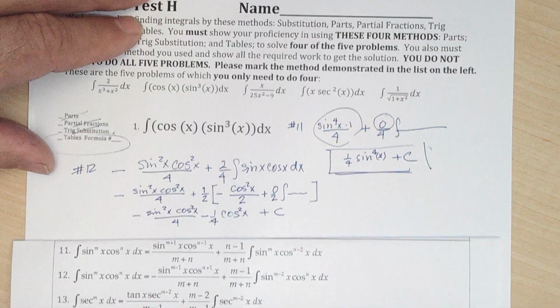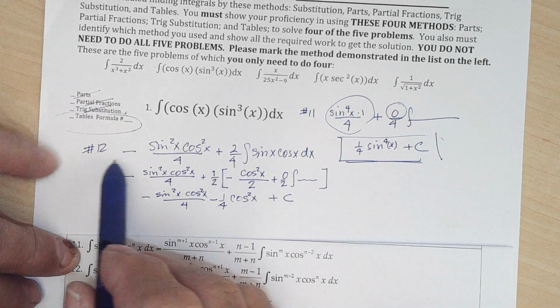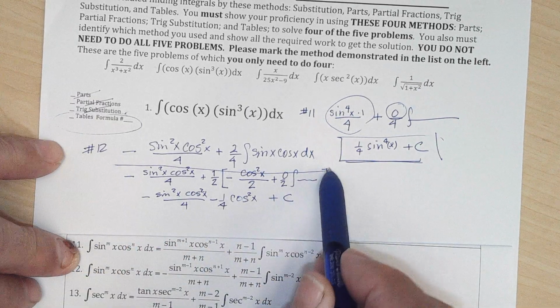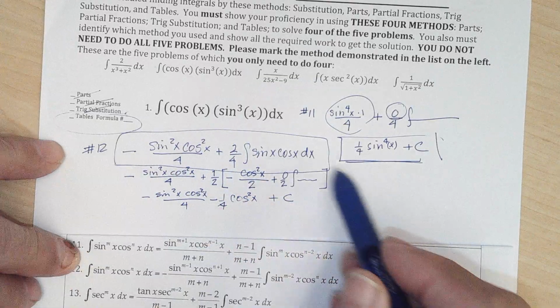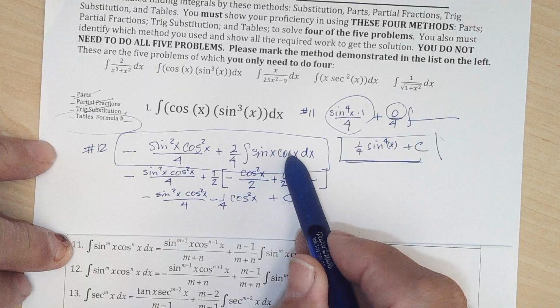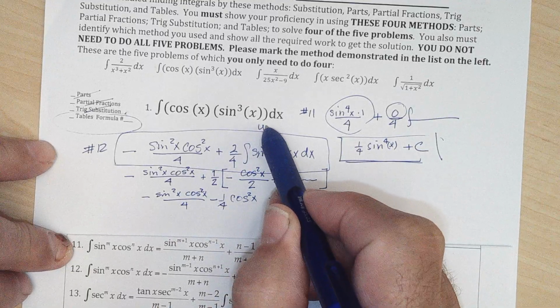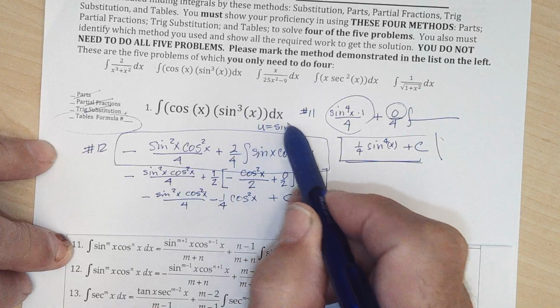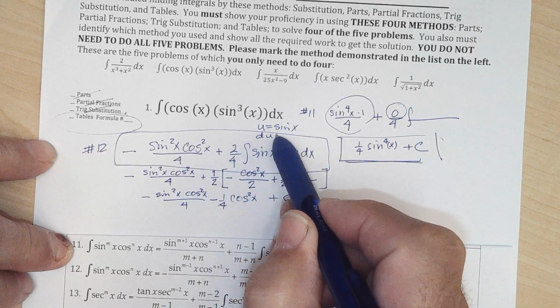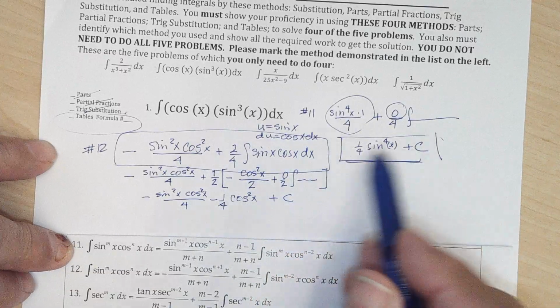Now, after using 12 and getting to here, we could have used u substitution for either sine or cosine. Sine's easier to take the derivative, so if I said u was sine x, du would be cosine x dx.